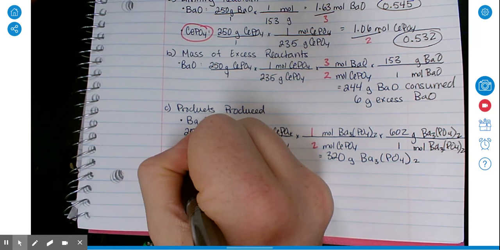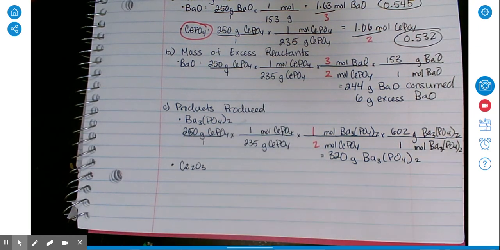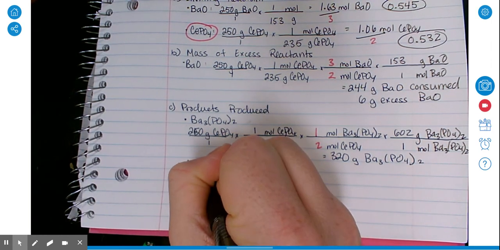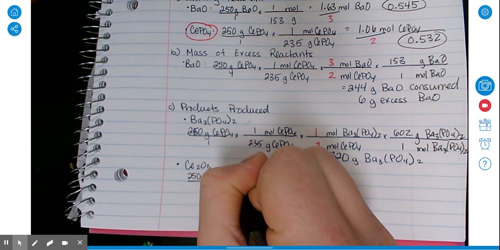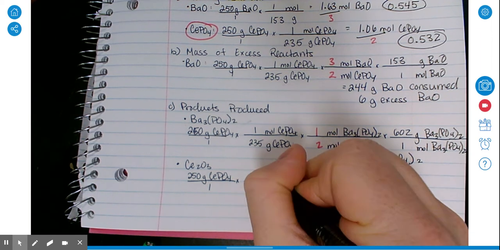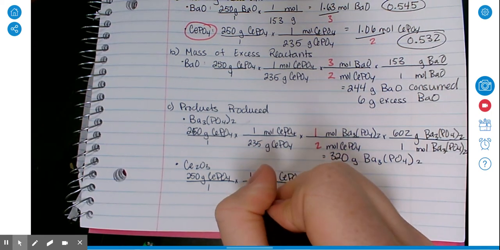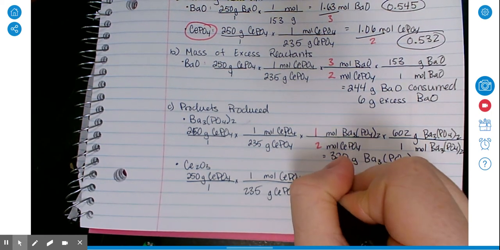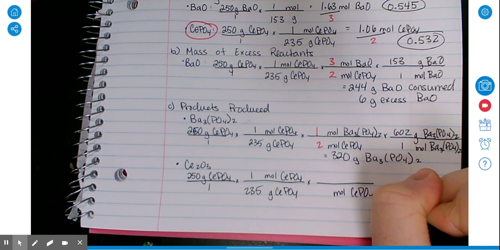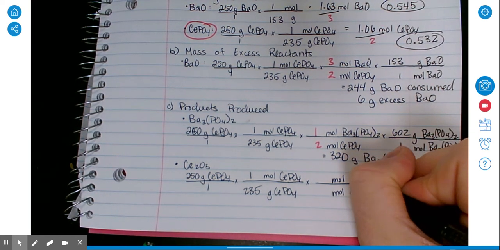My other product is cerium oxide, Ce2O3. It's going to start off the exact same. So 250 grams of CePO4, grams to moles, using the molar mass, moles of one substance, 2 moles of another. This time I'm going to the cerium oxide.